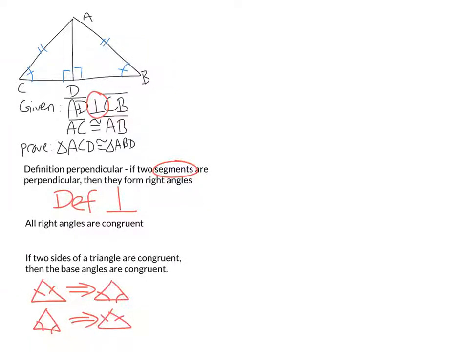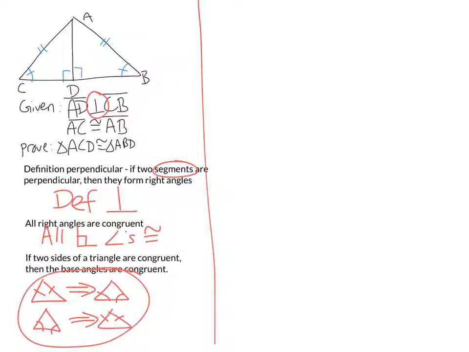I am going to use these two in my proofs rather than writing it out. For right angles congruent, I see some people draw it up, but that gets a little bit symbol-y. If you want to do that, I'm cool with that.